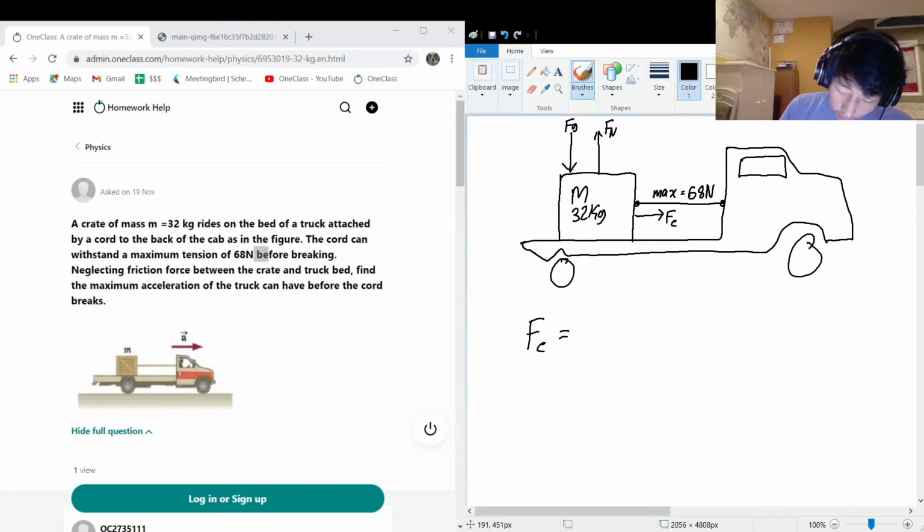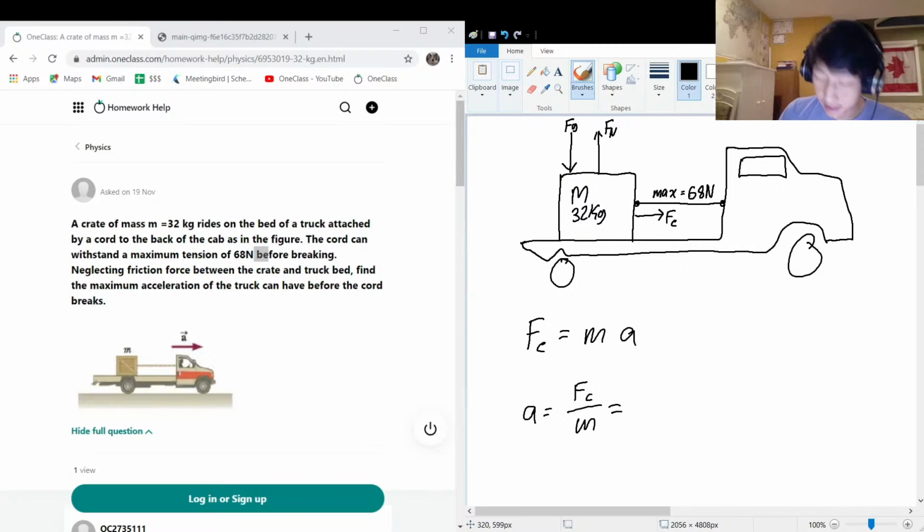So Fc is equal to mass times acceleration. The only mass that is involved in here is the mass that's given there, the 32 kilograms. And we're trying to solve for the maximum acceleration. So a equals Fc over m. And Fc should be the maximum, because we're trying to find the maximum acceleration that we're not allowed to pass.